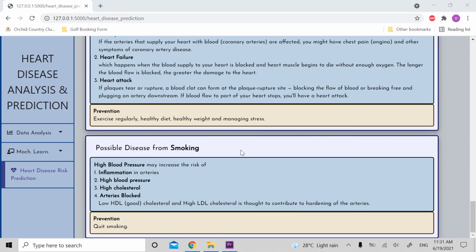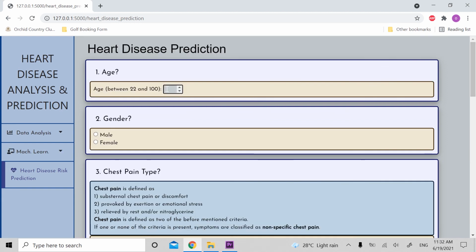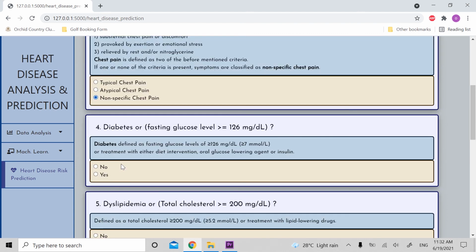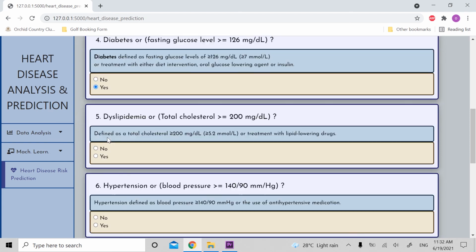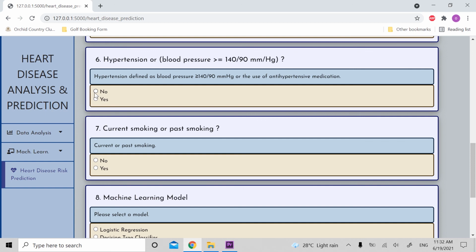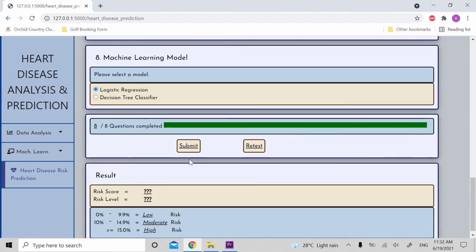Now the same user wants to test another result, and he simply clicks retest and selects to input another data, something like this: age 70, gender male, chest pain not specific, diabetes yes, total cholesterol yes, high blood pressure no, current smoking no, and the user selects the LR model.